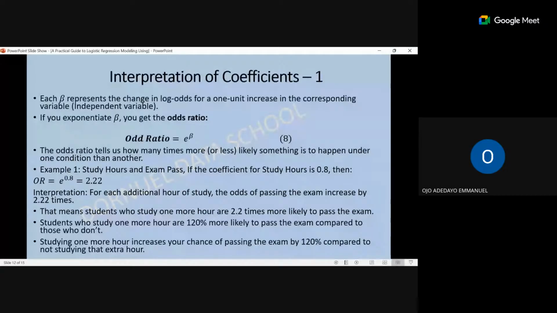So we are interpreting the outcome based on the coefficient, based on the weight, the beta that we have.